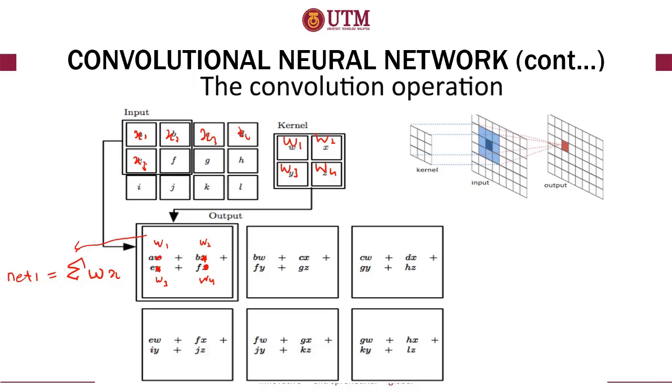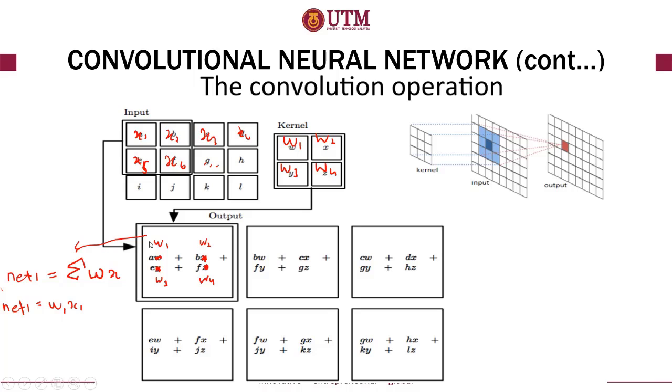This one is x5, this one is x6, and so on. In order to find net one here, it is almost similar to the previous network, because in the previous network, to find net one, you multiply w1 with x1, which is this one.